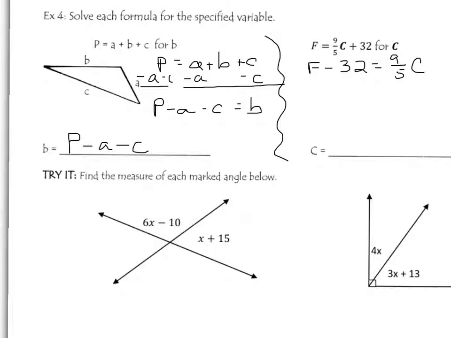Okay, and then remember, when we have a coefficient that's a fraction, we multiply both sides by the reciprocal. We want C by itself, so we need to get rid of that fraction. So we're going to multiply both sides of the equation by 5/9, which is the reciprocal of 9/5.